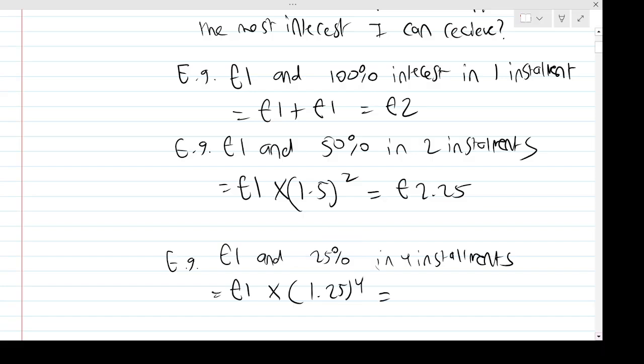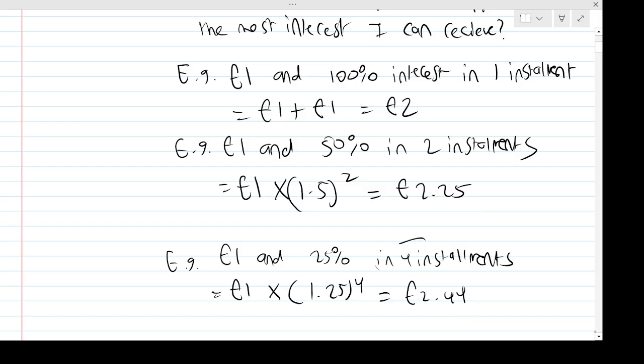If I work that out, I get £2.44. Again, it's a bit more: 2.25, 2.44.